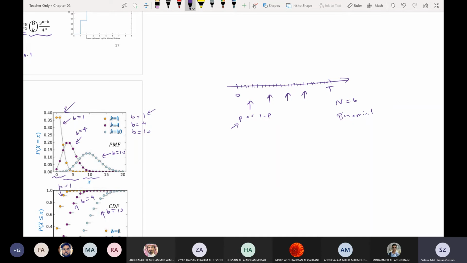And of course, since I made the time smaller, the probability of happening becomes smaller and smaller. So P approaches 0 and N approaches infinity, while the product NP is the same. The average of arrival did not change. The average of arrival in this whole T is the same. Whether I divided the period into 6, or 600,000, or 6 million parts, NP is the same. Right or not?